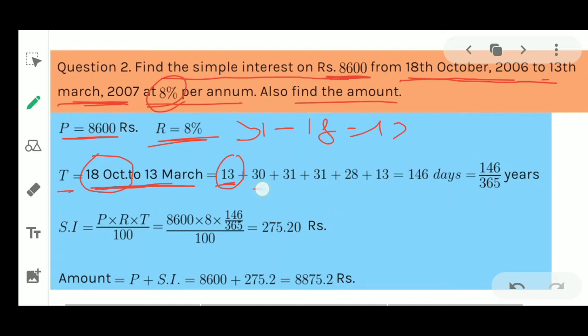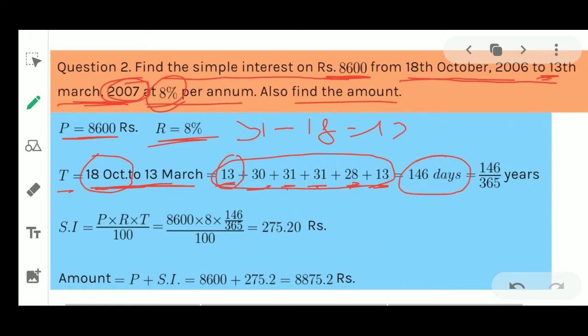Then November is 30 days, plus December 31 days, then January 31 days, then February 28 days, because the year is 2007, that is not a leap year, that's why February is 28 days. Then March is 13 days, up to 13 March. So if you add these numbers, you will get 146 days.